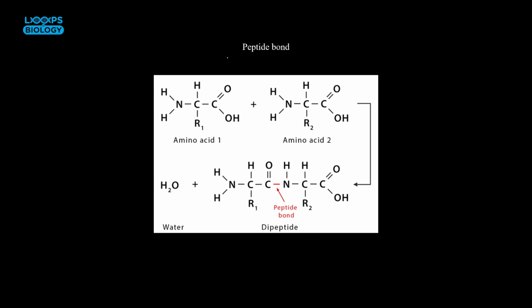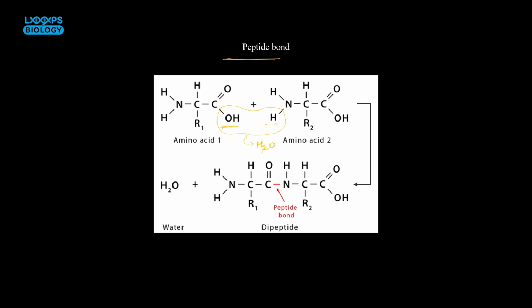So these amino acids are joined together by a peptide bond. In this peptide bond, you can see the hydroxyl group is coming close to your hydrogen group, and this basically removes out water molecule.